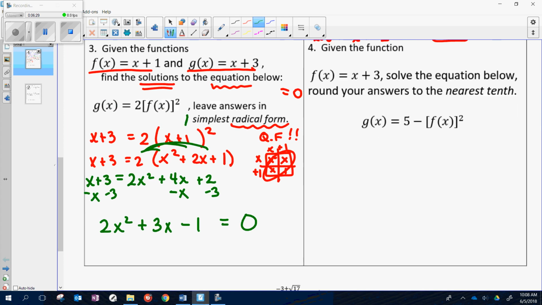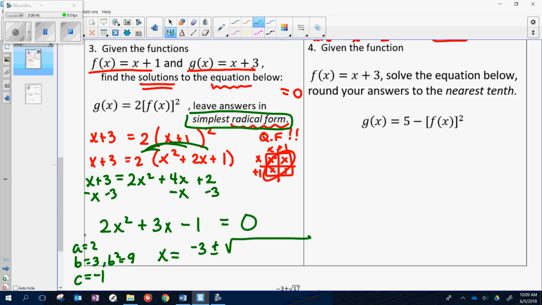It's not going to factor because it says simplest radical form. So a is 2, b is 3, c is negative 1, b squared is 9. X equals negative 3 plus or minus the square root of 9 minus 4 times 2 times negative 1 all over 2 times 2.